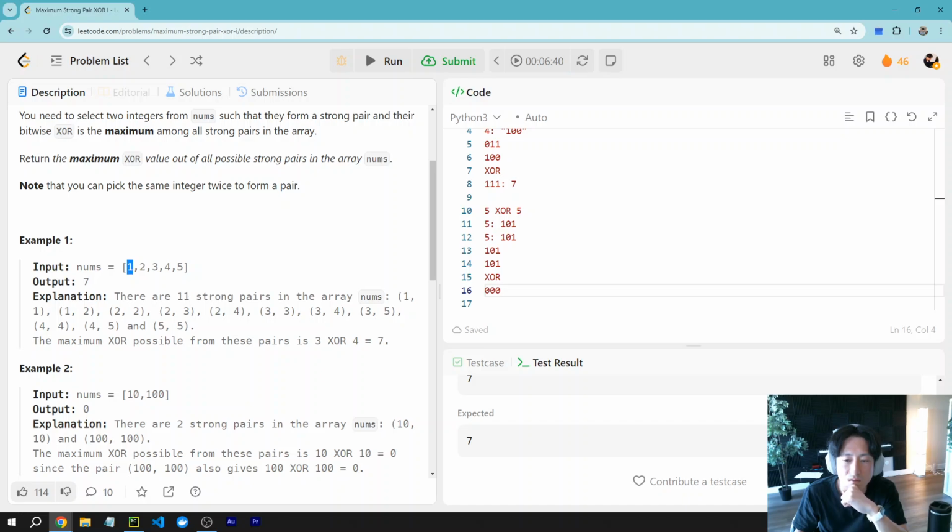I don't know. So I'm gonna stop for now, but at least I was able to solve the question quickly, for a reasonable question. So I'm gonna stop for now.